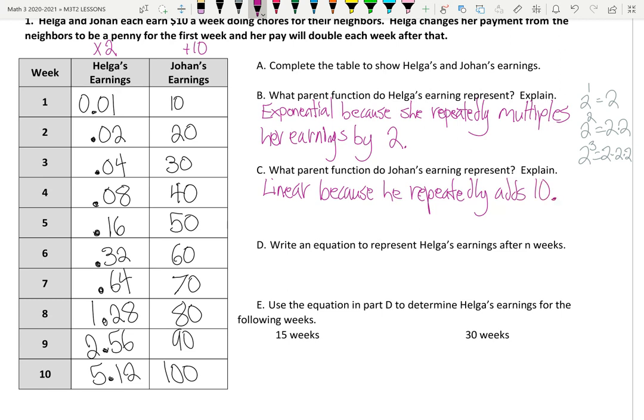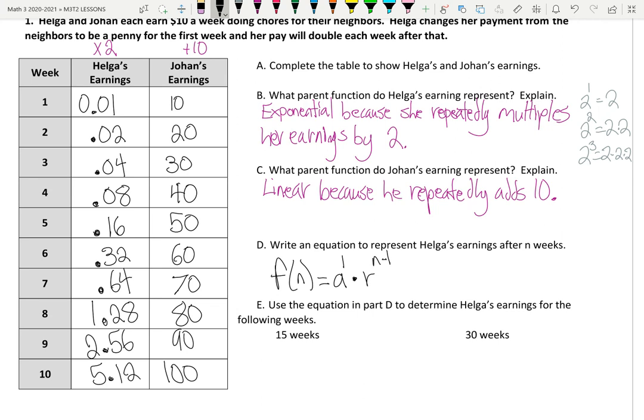Let's go ahead and write an equation to represent Helga's earnings after n amount of weeks. Now the idea is that for this part, we have to write an equation. So I'm going to say the answer after n amount of weeks is going to be the initial amount times the r factor to the n minus 1.